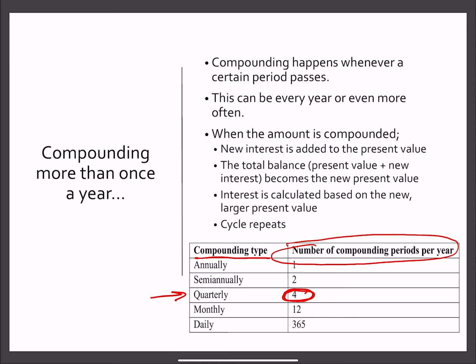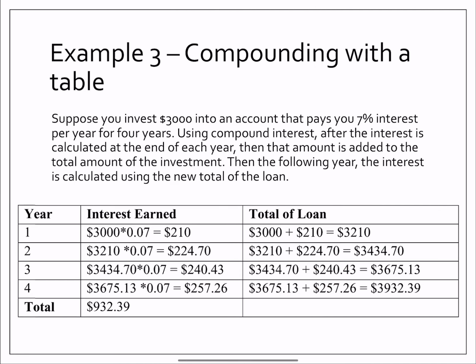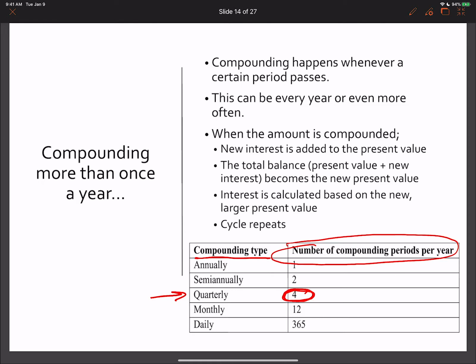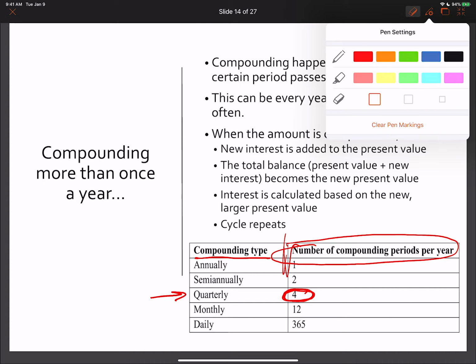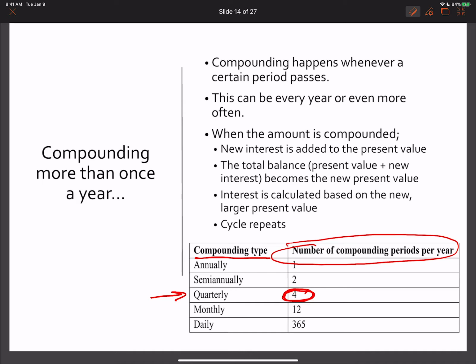So the way you know that compounding is happening faster than just once a year is you'll have these kind of what you call helper words, right? I'm gonna call them helper words, and those helper words help us to know how often we're compounding.